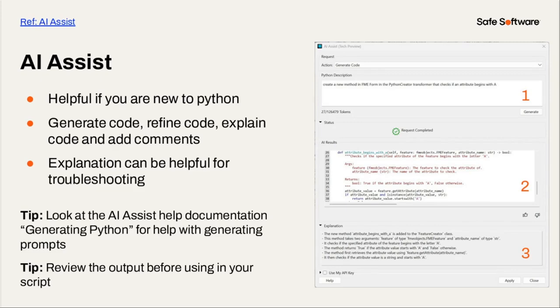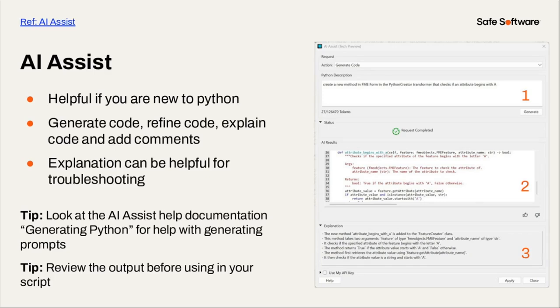So a tip for using the AI Assist is to look at the help documentation, specifically the generating Python section. This can really help guide you in the right direction when generating those prompts. And then one thing to watch out for is that while the AI Assist can be a really great starting point and it can be a great tool for troubleshooting, it is AI.